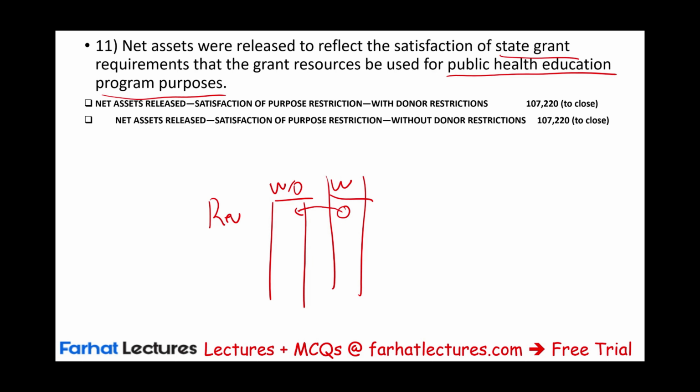So here we are reducing a revenue, net asset released, satisfaction of purpose restriction with donor restriction, 107,220, and we are increasing net asset released, satisfaction of purpose restriction without donor restriction, 107,220. Now both of these accounts we are going to close. So revenue is going from restriction to without restriction.